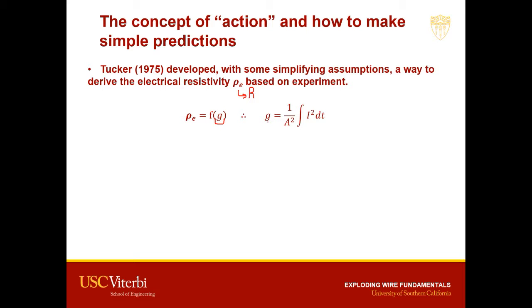He defined, through his own calculations, action as the integral of the current squared dt, which is proportional to the specific energy that has already run through the wire, divided by the area of the wire. You can see here that the area is actually outside of the integral, which means that the area is considered constant, which is completely untrue, right?